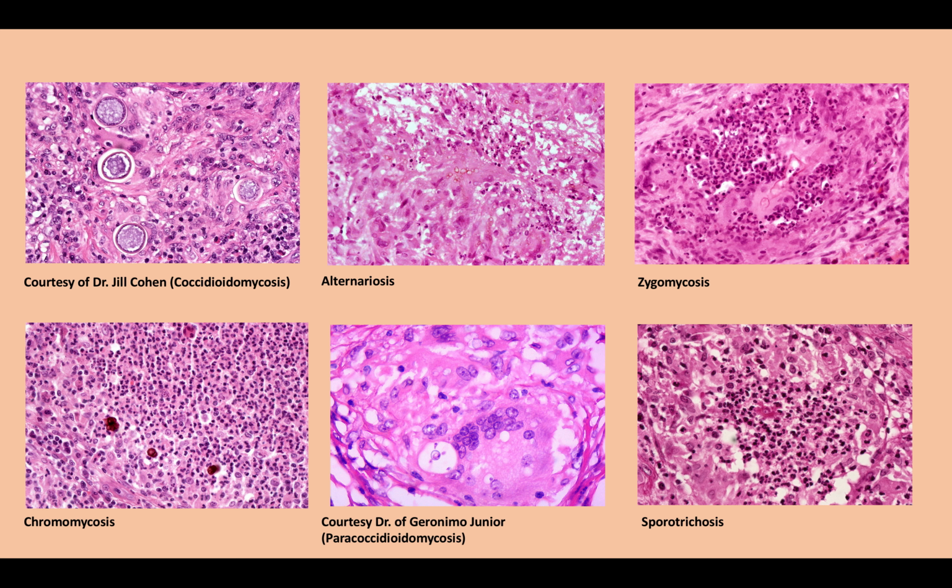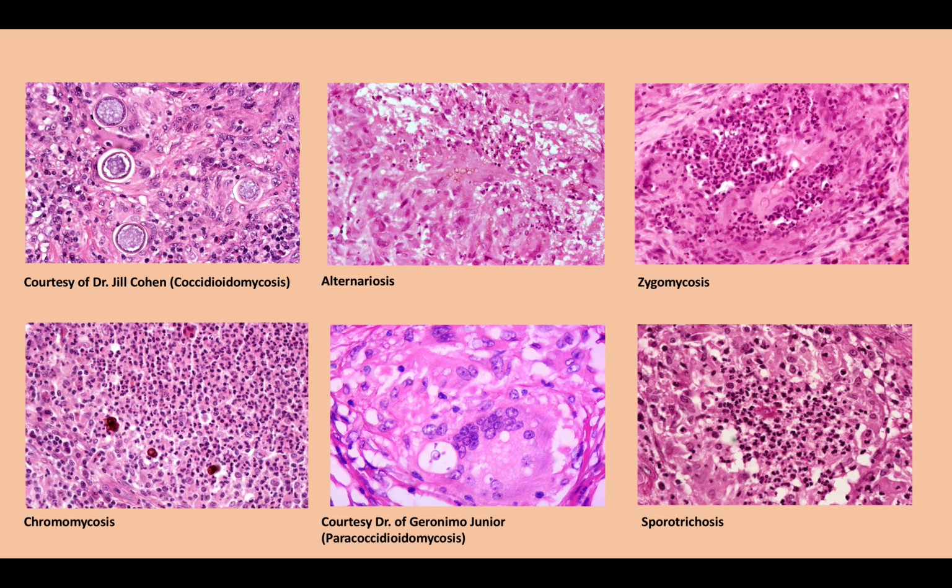It's sometimes mistaken for mucor, but zygomycosis is not a vascular infection, and it has these very large twisted and irregular hyphae, as you see in the top right. Chromomycosis is a dead giveaway because there's nothing else that gives you these brown sclerotic bodies.